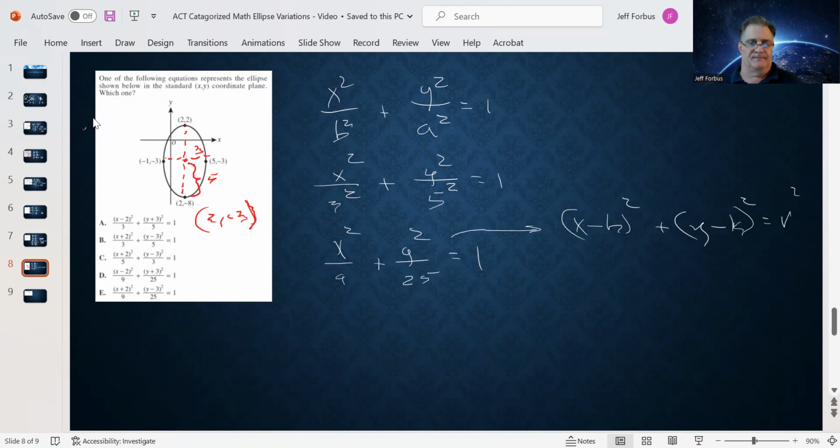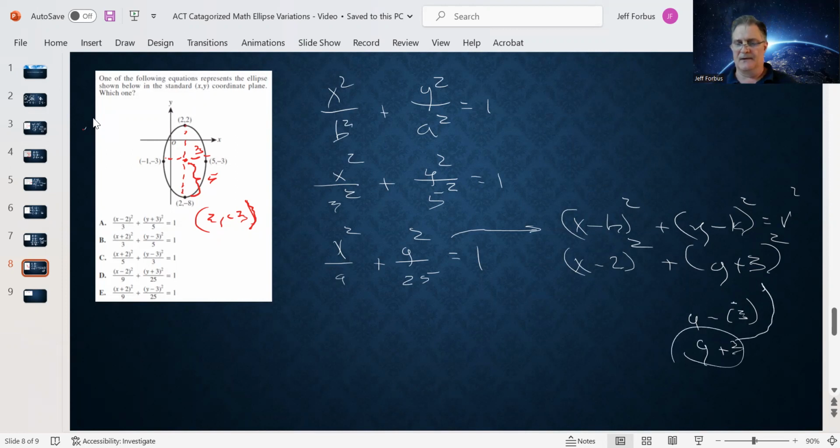Okay, so notice on our image, the center is at 2 and -3. So our h value will be x minus 2 squared plus y plus 3 squared. And it's plus because the 3 is a negative. And when you take y minus a -3, in this case, you get y plus 3. Hence, that's why this is here.